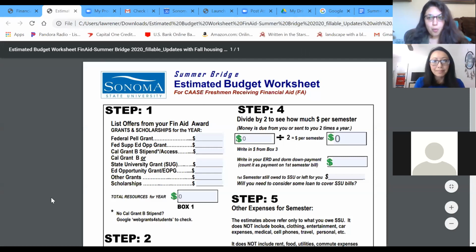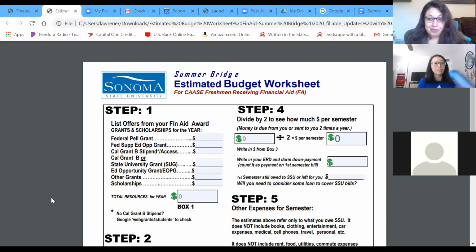So why are we doing this, first and foremost? What is the point of this tutorial workshop and estimated budget worksheet? The reason why the Summer Bridge Committee has decided that this is key and essential in your growing at Sonoma State University is because many of us, if not all of us, want to make sure that we are accurate when it comes to our financials.